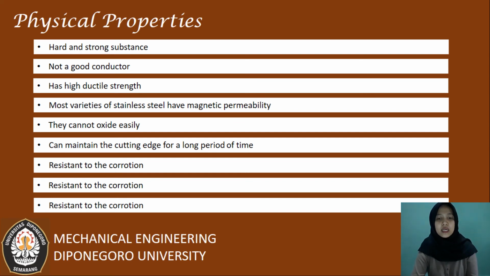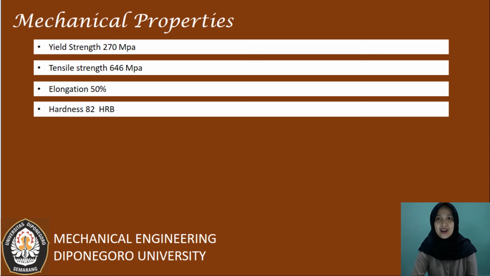Moving to the mechanical properties, there are tensile strength, yield strength, elongation, and hardness, based on the measurements before.